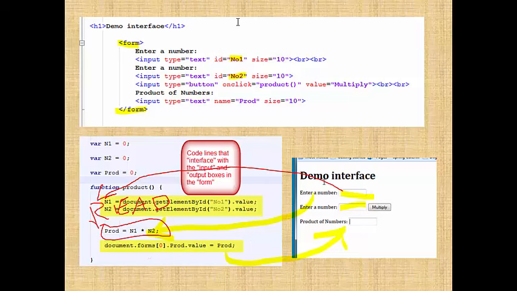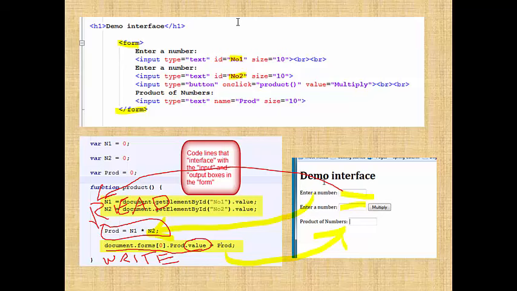We're going to take the value of prod, which was the value that came from the calculation, and using this line here, we're going to write, this line means write, that value, because we said value here, into here.